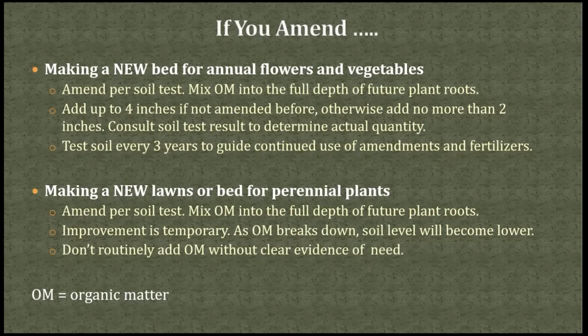You would be mixing the organic amendment into the full depth of plant roots. And this is not where you're planting today, but the future plant roots. So let's say you're planting small things, flowers, etc. Chances are the roots are in the top 12 inches. So that's the area where you need to work your amendment into.